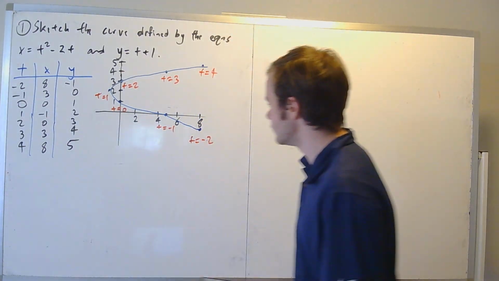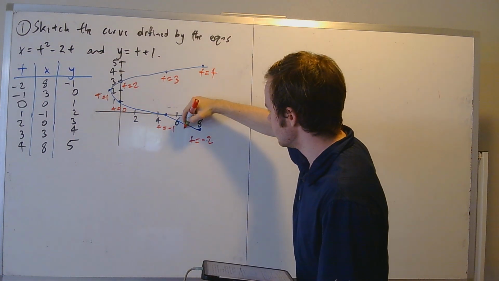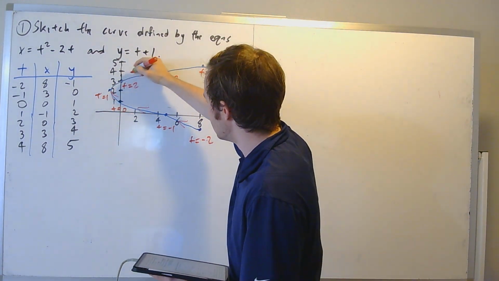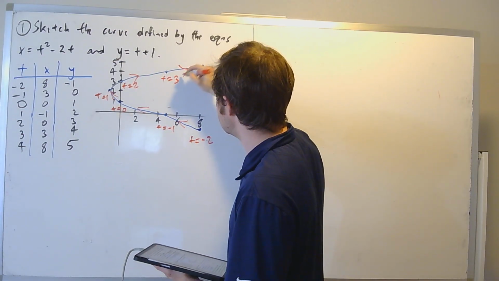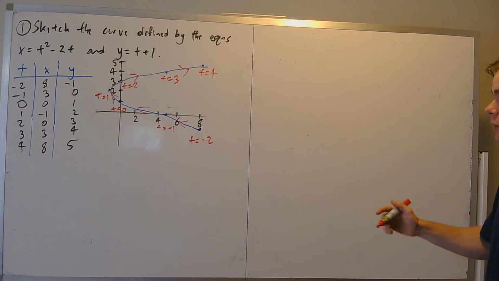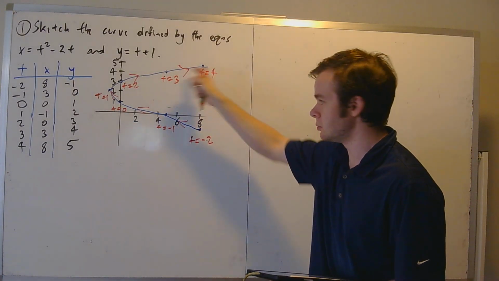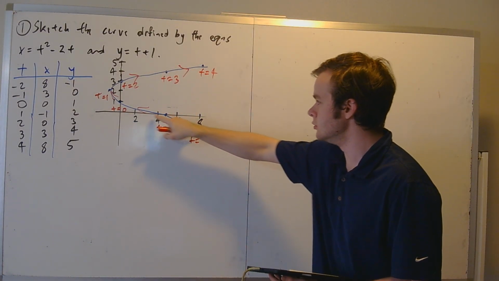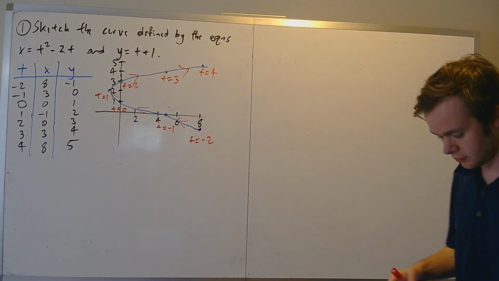So those are values of t. And notice you start here, and you're moving as time passes along here. Right, so that's your direction of motion. So remember, these curves come with not only just the shape of the curve, but also the information about how you're moving as time passes.